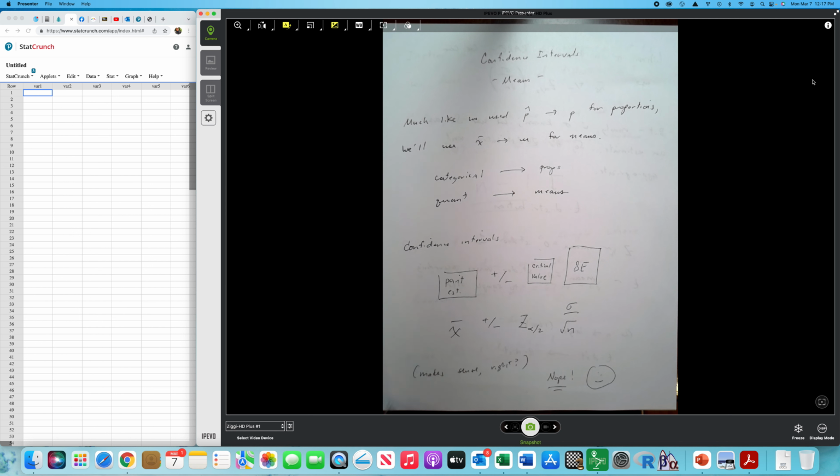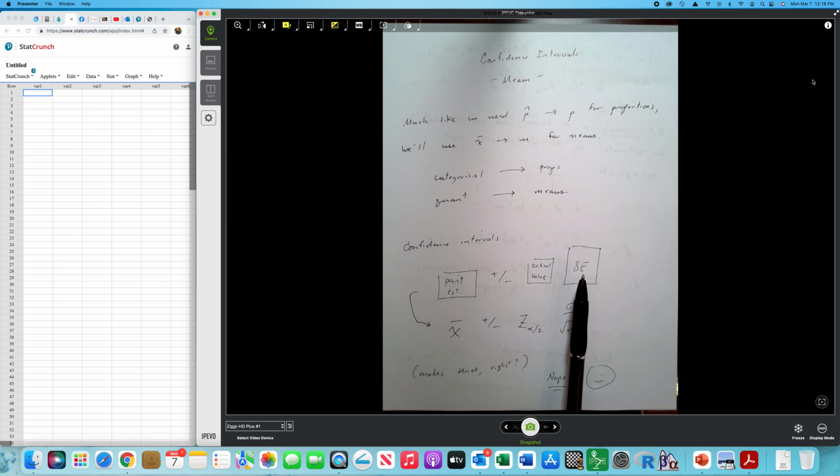Now, as we transition this from just being in general to a confidence interval for means, you would think that the point estimate would be X bar, which it is. You would think that the critical value would be Z alpha over 2, which it is not. I'll explain that later.